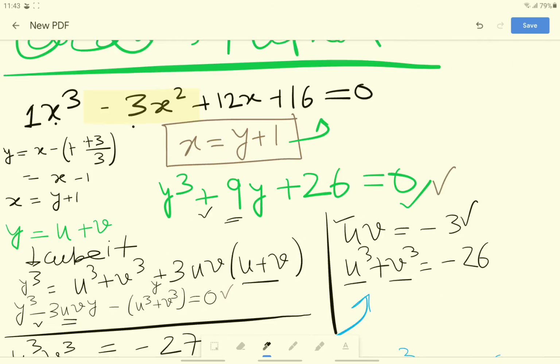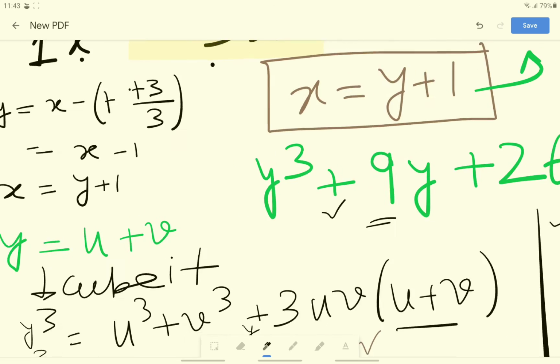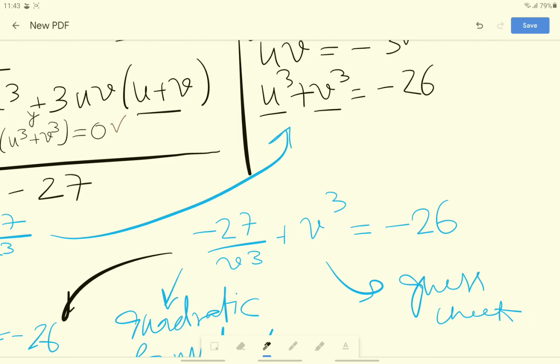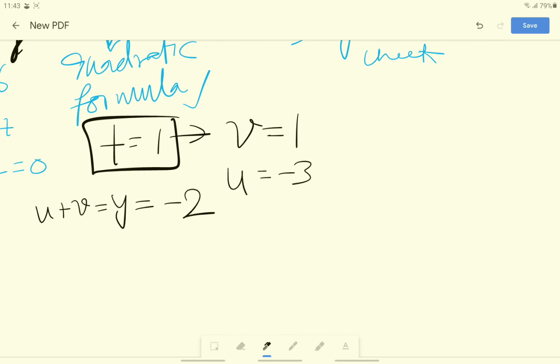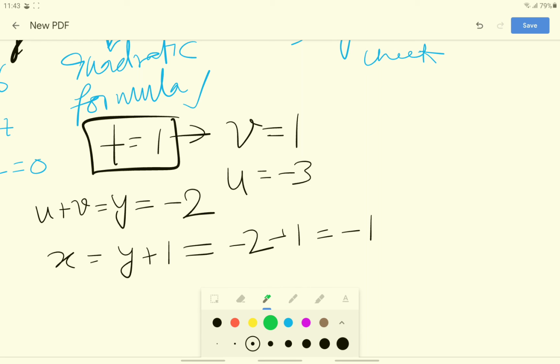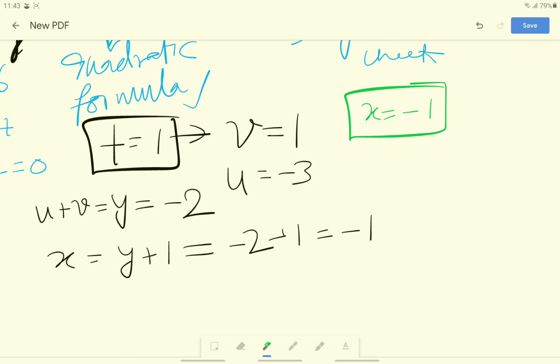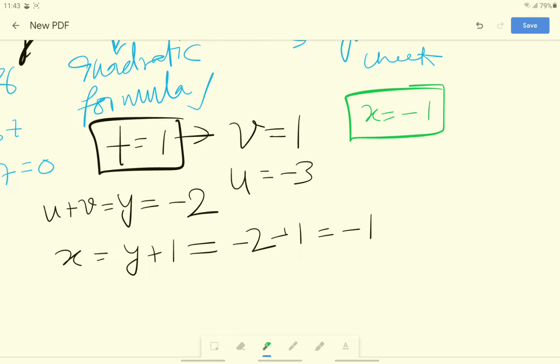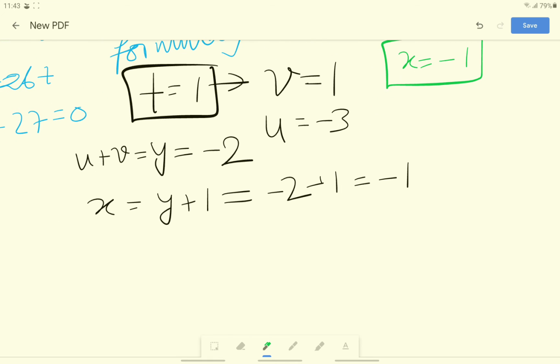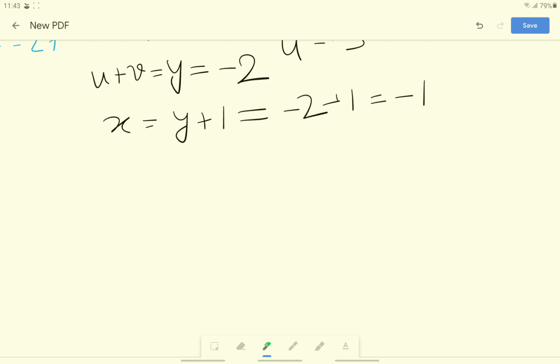Now from here x equals y plus 1, which is negative 2 plus 1, which is negative 1. So x equals negative 1 is a solution of the equation. We can use synthetic division, or directly divide the polynomials.